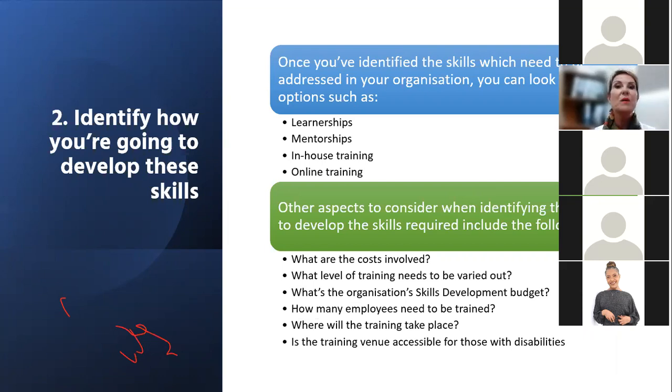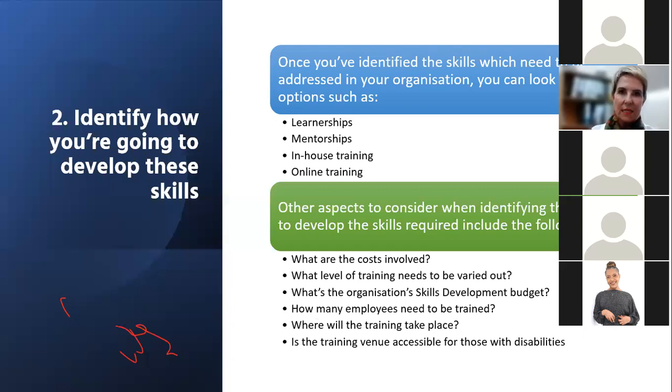Some programs will be non-credit bearing, but need to address culture fit, maybe a leadership program that you would like to be customized according to the culture of your organization, or that speaks to the values and the behavior that you want to instill in your leaders. Also, what in-house interventions do you need to implement? Maybe online training interventions that you want to implement. That is the second step.